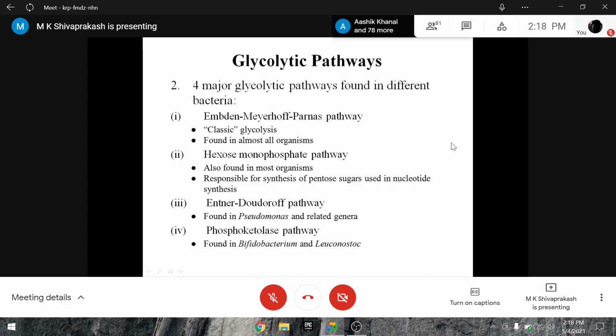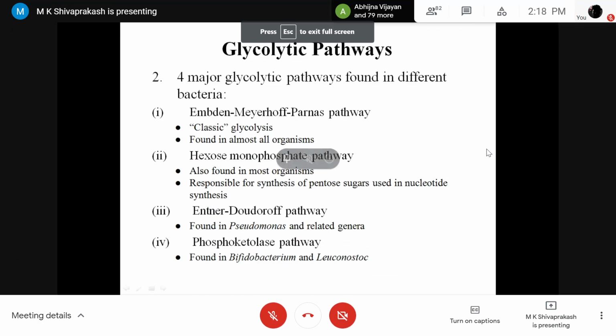And of course, other than pentose sugars, it also yields 7 carbon sugar and 4 carbon erythrose sugars. This is seen in microorganisms which are grown on a pentose sugar source of carbon.